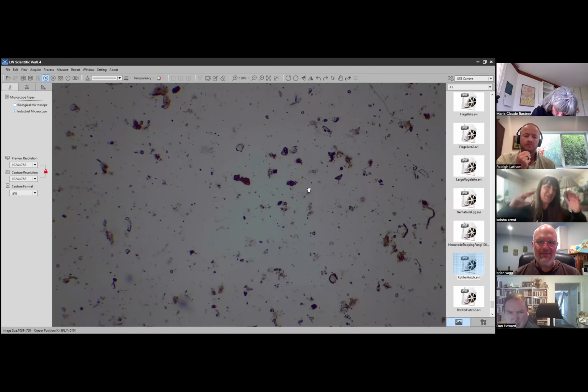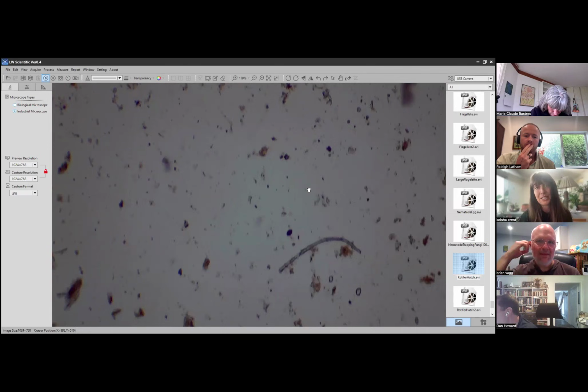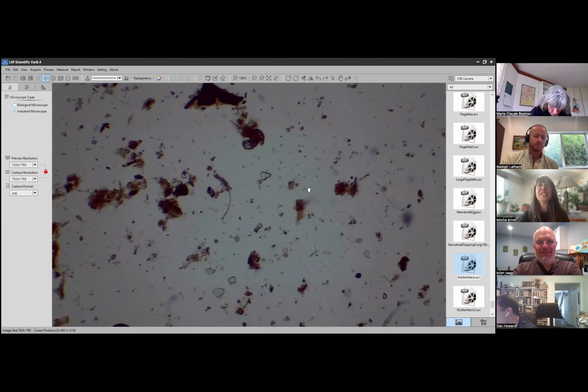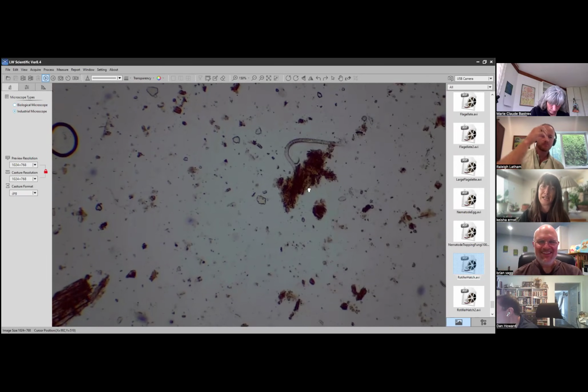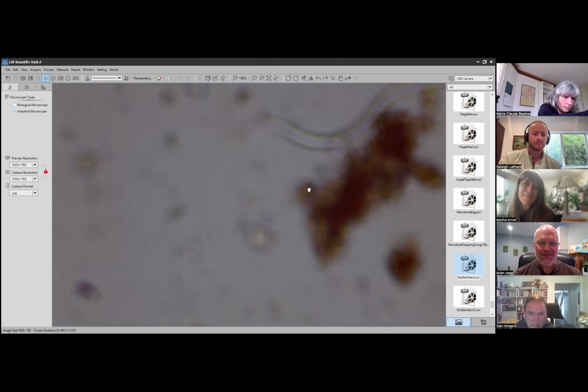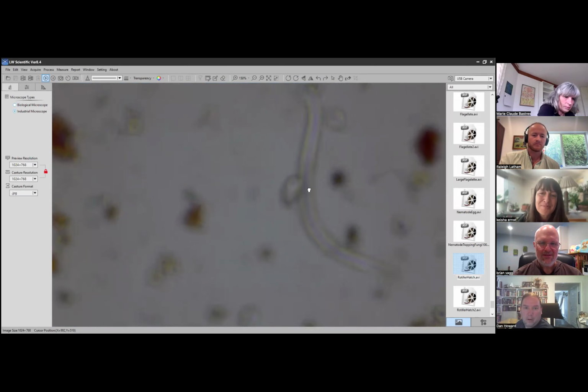You could say, "Oh, that was a huge amoeba. I probably broke it with my cover slip, so it was probably alive, so I'll count it." Or you could say, "Oh, it looks damaged. It could be dead. I'm not going to count it." That's the reality of a microscope assessment that has to do with human eyes: you just have to make the decision and trust yourself and be okay with it.